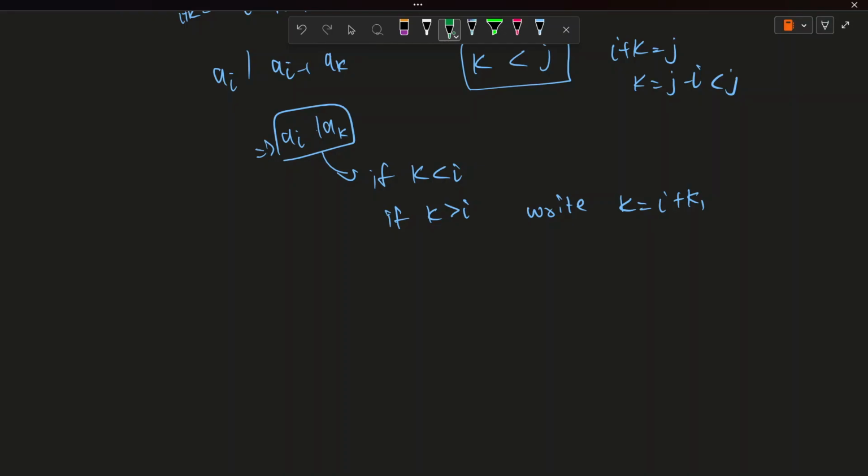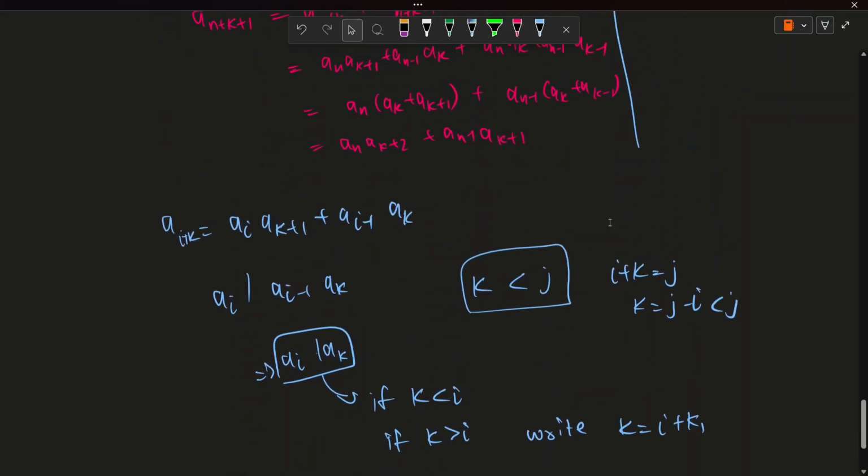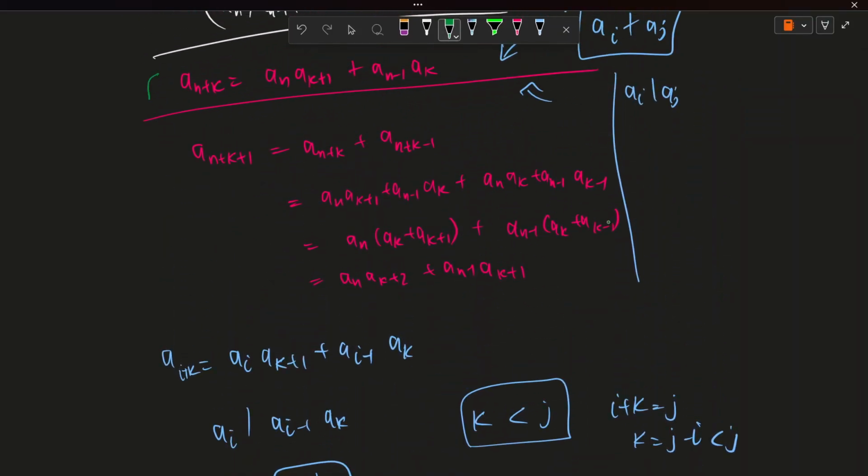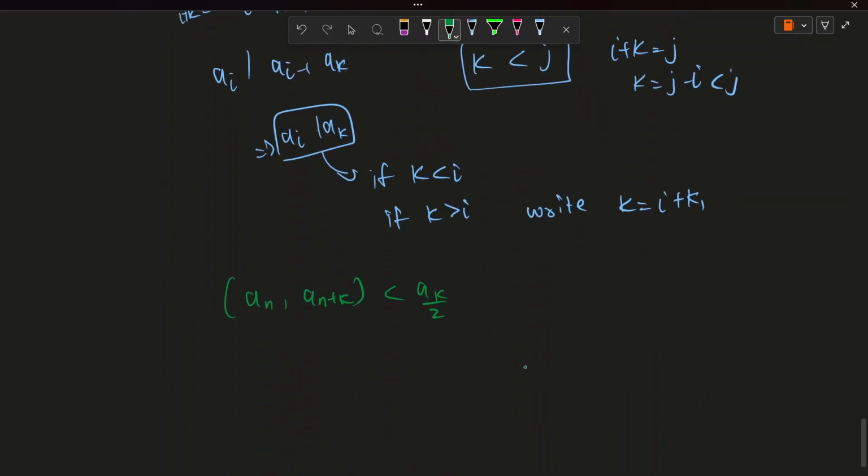So using that, let's finally move on to the problem. We need to prove that GCD of an and a_{n+k} is less than ak by 2. So using this result, this is equal to GCD of an and an a_{k+1} plus a_{n-1} ak.